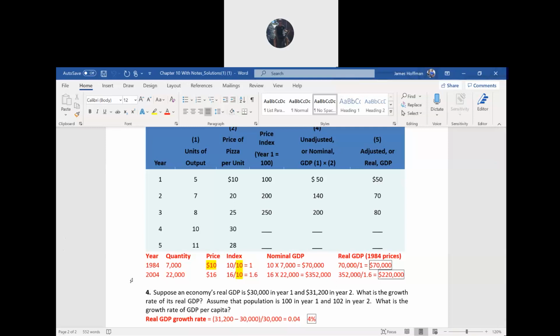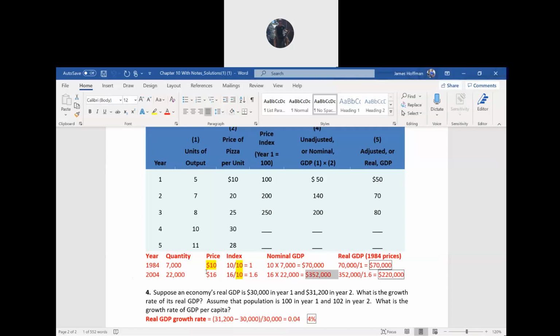So these are the nominal values. This is GDP in 84 prices, and this is GDP in 2004 prices. But we've got to put them on the same scale, in this case 1984 prices, so we can make an accurate comparison. And we're going to put them in real GDP with base year 1984.